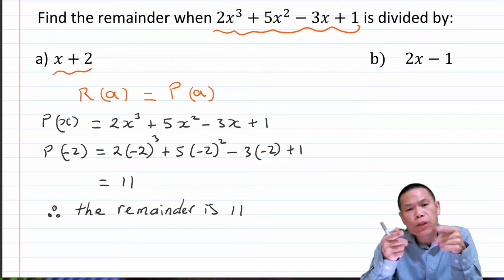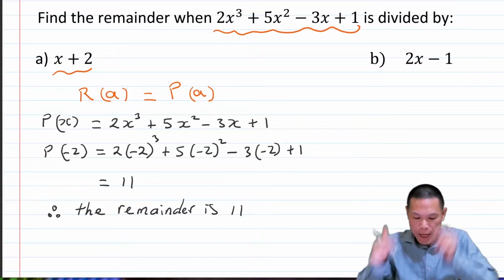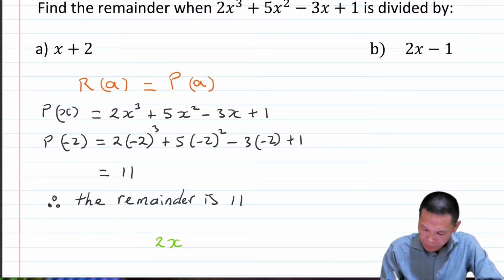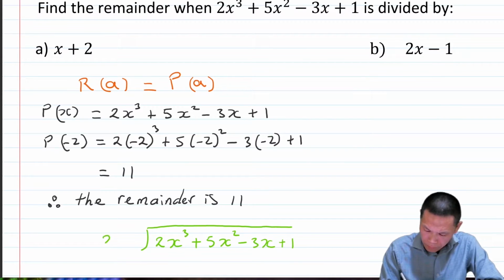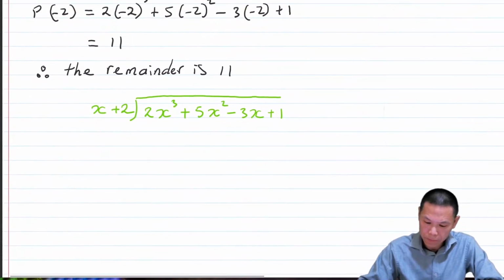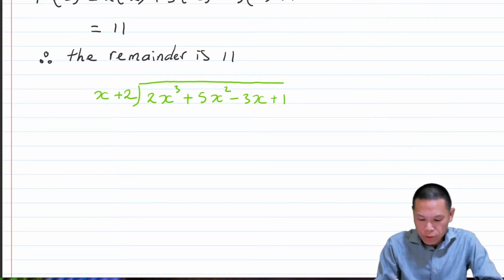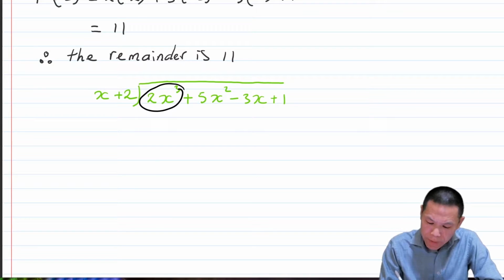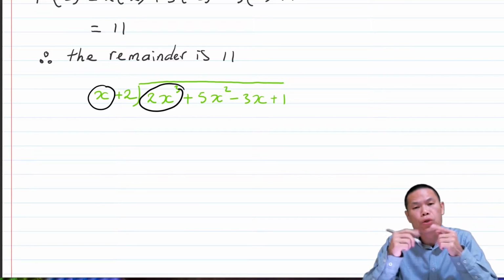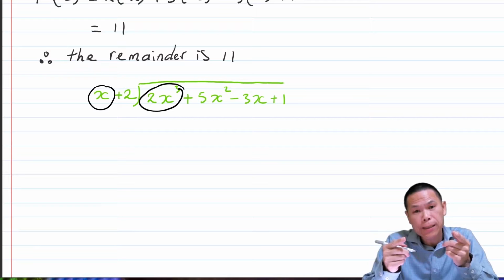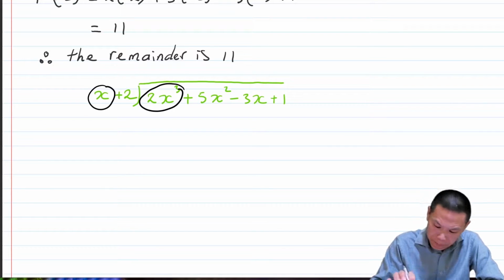Now let's do long division to verify the answer. We focus on 2x to the power 3 and x. 2x to the power 3 divided by x is 2x squared.